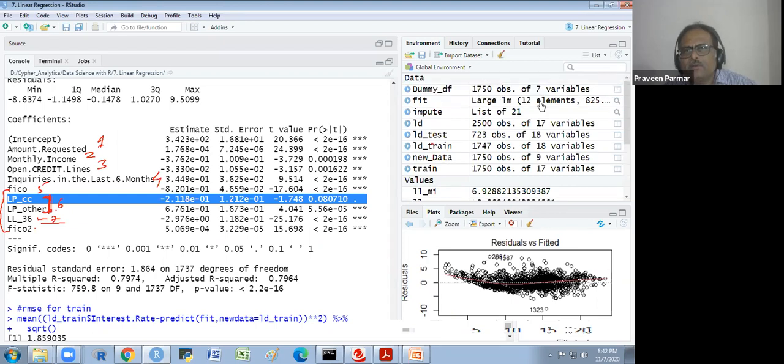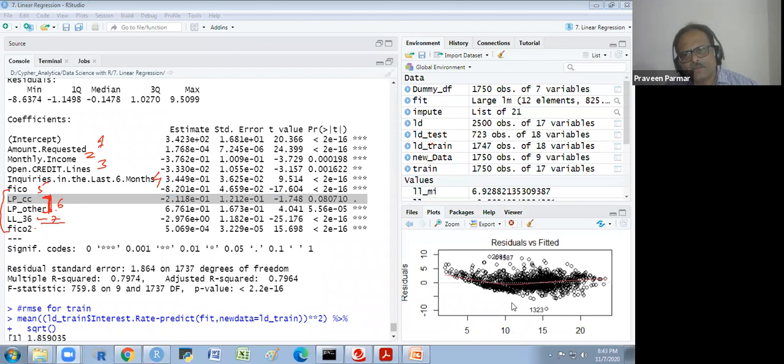Or actually how many variables did we have in the original data set? You could see in the LD. There were not 17, there were less than that because we converted some into dummy. Got it? Is there any doubt now?